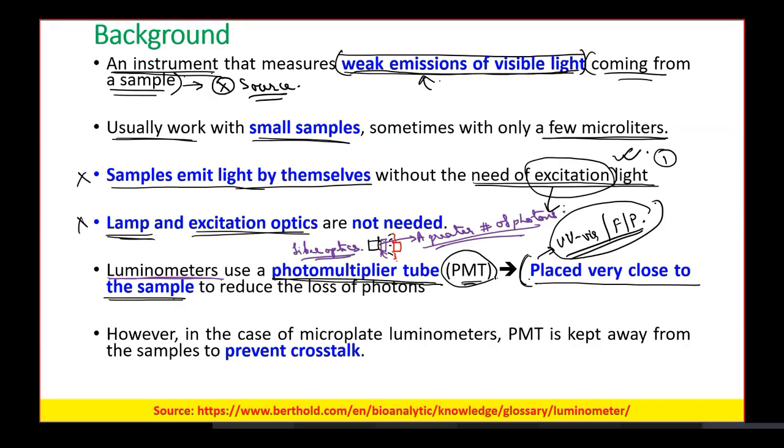So you can add a large number of fiber optics, an array of fiber optics, which can collect all the information, and then they will deliver the photons to the photomultiplier tube. Okay, so in that way, you will be able to get a greater amount of photons into the PMT, and your signal to noise ratio will increase.